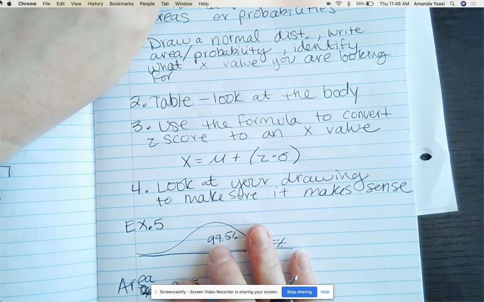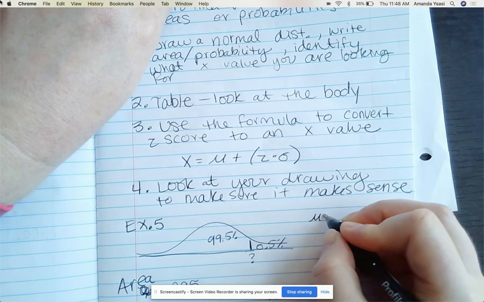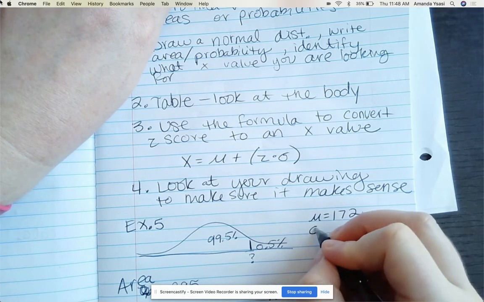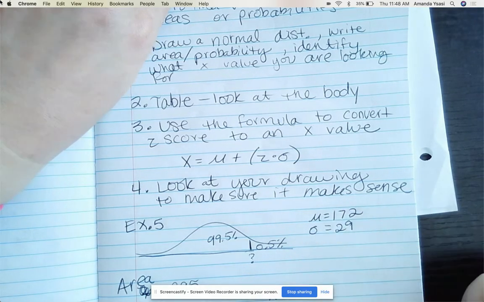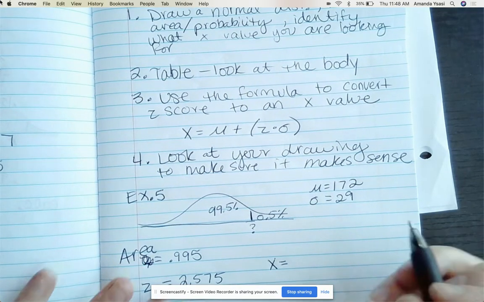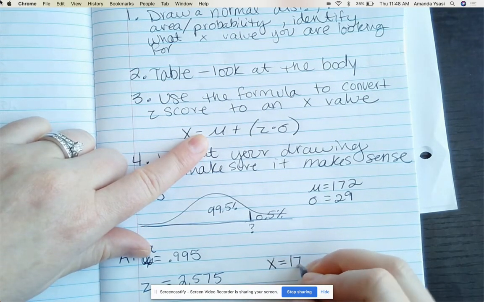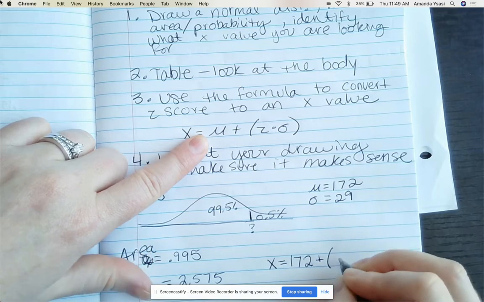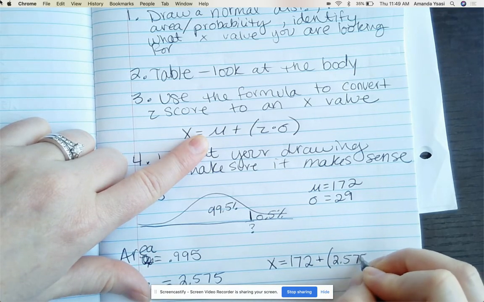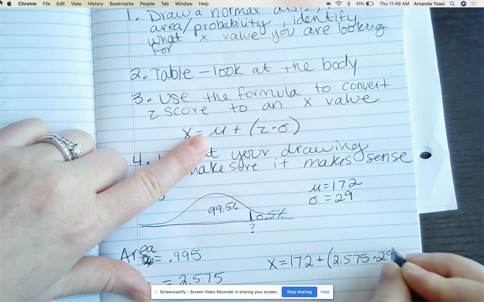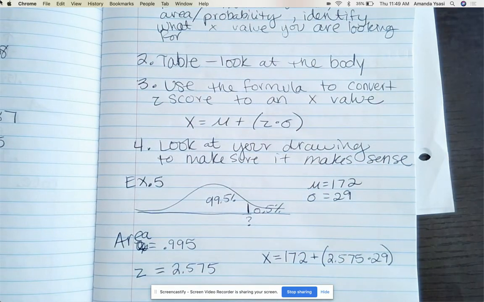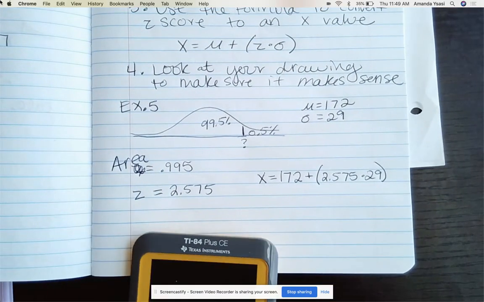Mu is 172 because that's something that they gave us, and our standard deviation is 29. So I'm plugging it into this formula: 172 plus whatever the z-score is times the 29. And that's going to get my x value, which will be the actual weight.